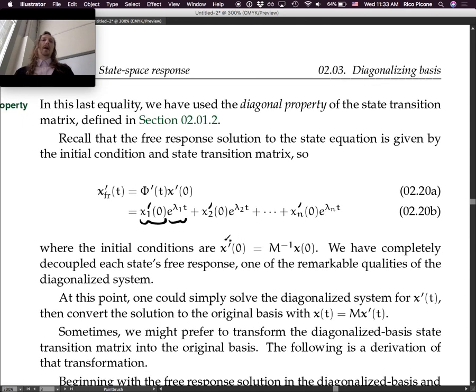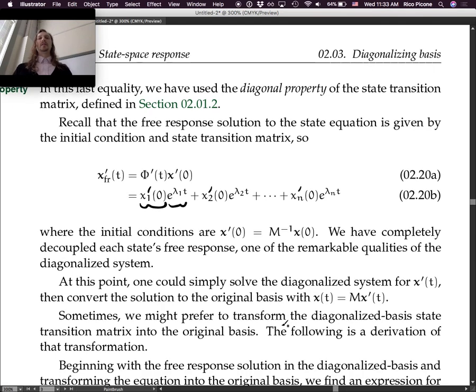We can find the primed initial conditions from the original initial conditions with that expression, just converting bases of the initial condition. So we've completely decoupled each state's free response, one of the remarkable qualities of the diagonalized system. Okay? So it's a pretty sweet deal.